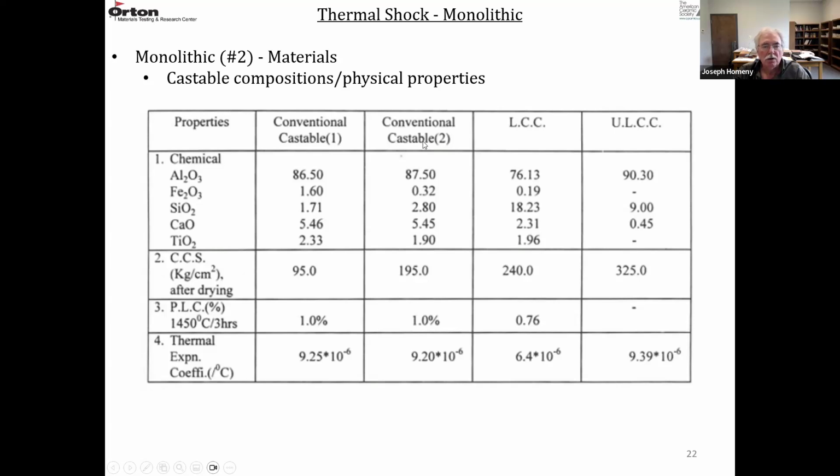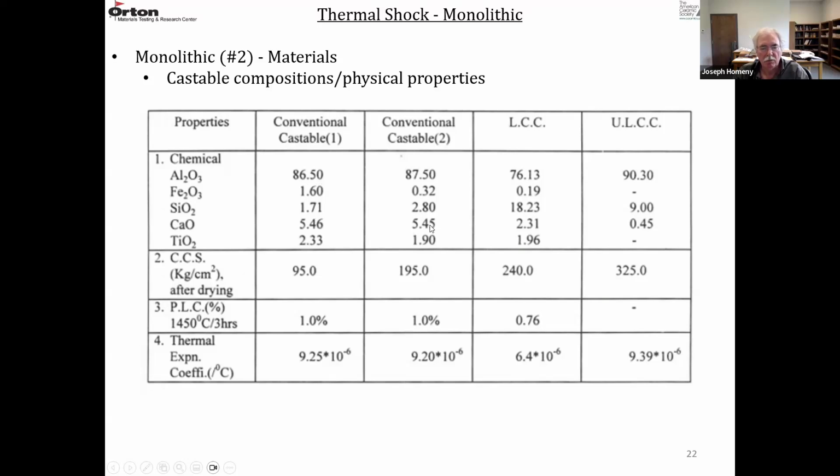So there were 2 conventional castables, 1 and 2, a low cement castable and an ultra low cement castable. So the alumina contents are here. These were about 87%. This is around 76, and this is 90. Some of the alumina is from the calcium aluminate cement. And you can see the calcium content was about 5.5 here.